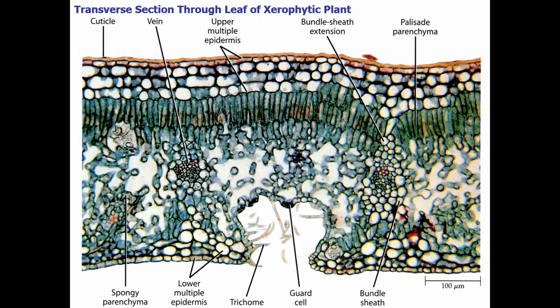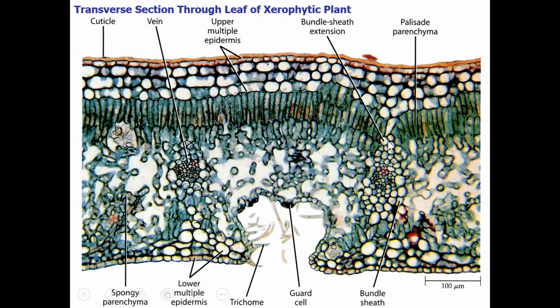So this is a cross-section of a xerophytic plant showing some of the physiological adaptations, or the physical separations between the places where water vapor might be exchanged or where CO2 is exchanged, and the place where the products of photosynthesis are moved away from the rest of the plant.